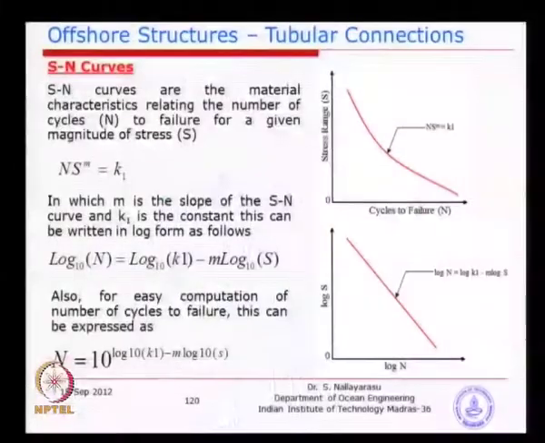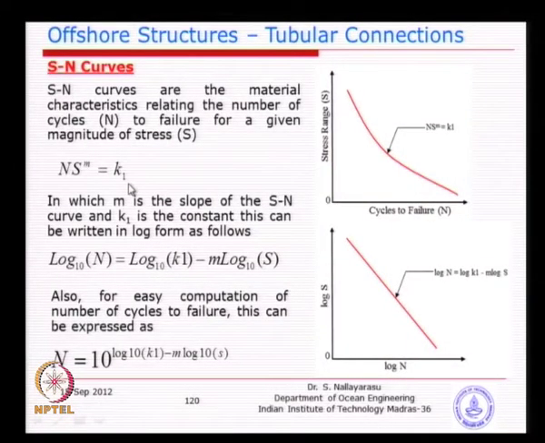So, this constant depends on the material type, the connection type and also the welding profiles around the connection. Of course, it is not linear; it is a non-linear curve, something like this, that you will typically see.